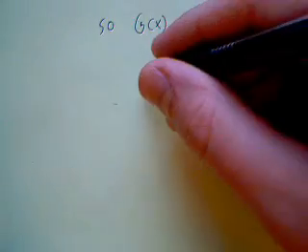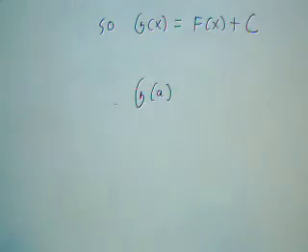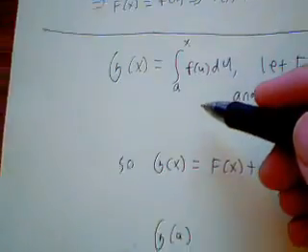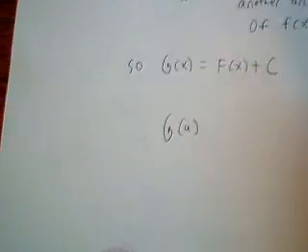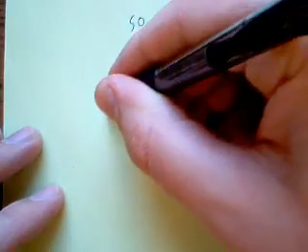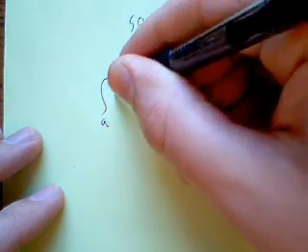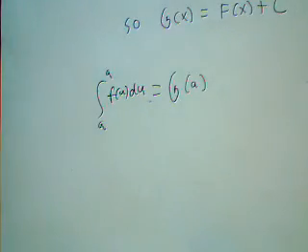Well, now I want to look at g of a. Well, g of a, so I define g as this integral here. So I'm just going to plug in a where I see x. So g of a is equal to the integral from a to a of f of u du. And it doesn't really matter what f is.